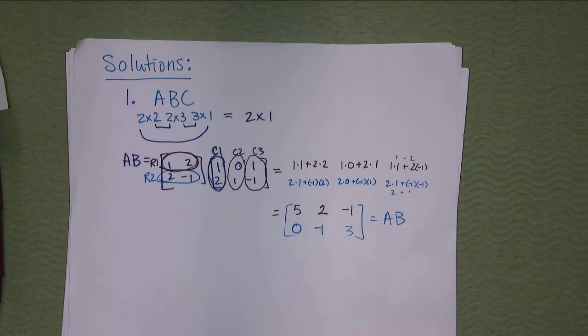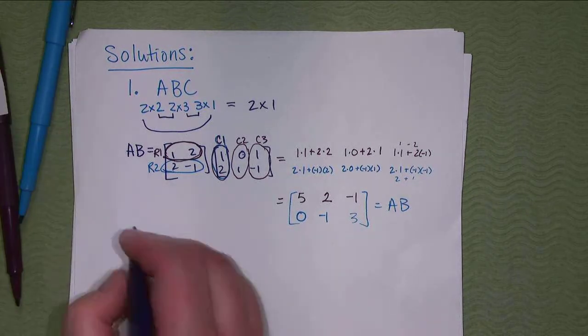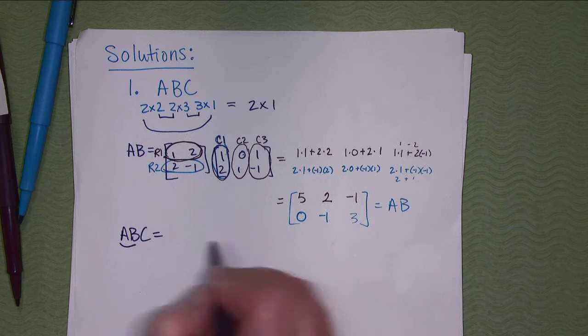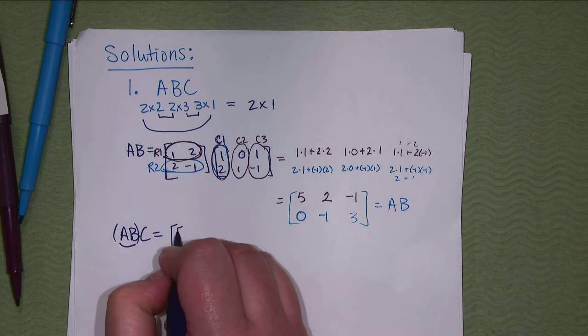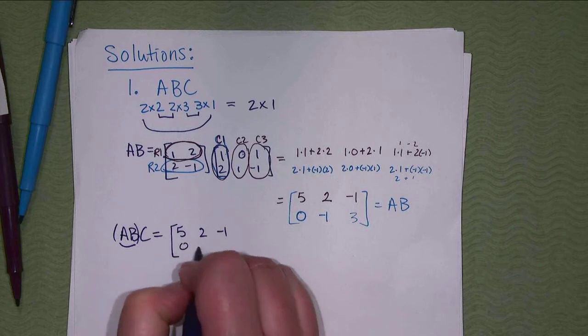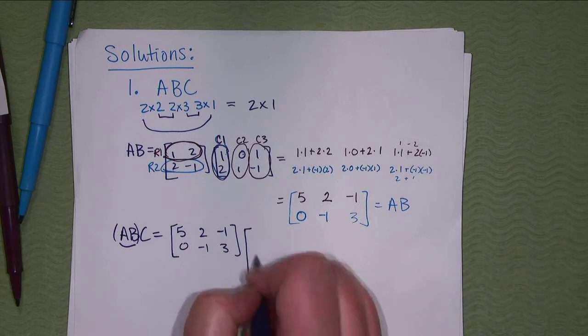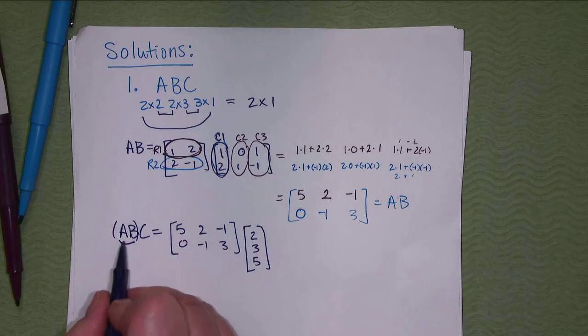Now we wanted to find A times B times C, so we now have A times B: 5, 2, minus 1, 0, minus 1, 3, and we now multiply that by C. So this result was a 2 by 3, and that's a 3 by 1.